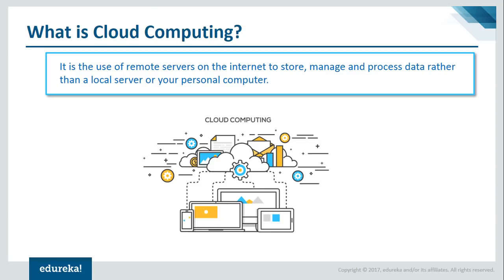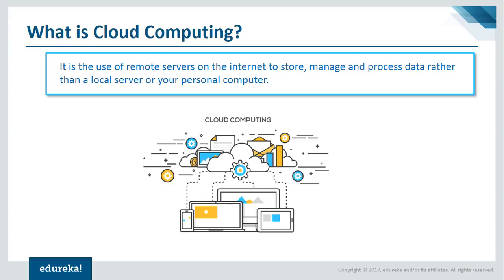Alright, so cloud computing is the use of remote servers on the internet to store, to manage, and to process data. Rather than doing it on a local server, you do it on remote servers. So this is what cloud computing is. You can store your data, you can manage your data using databases, or you can process your data by renting a server which has larger processing power.